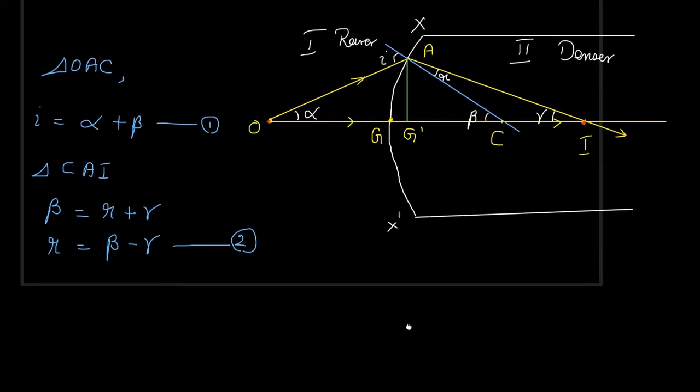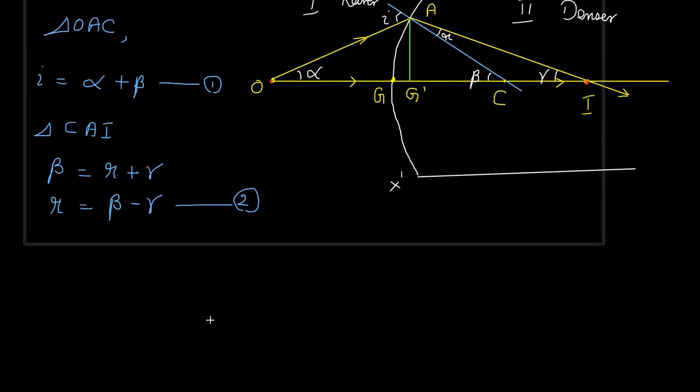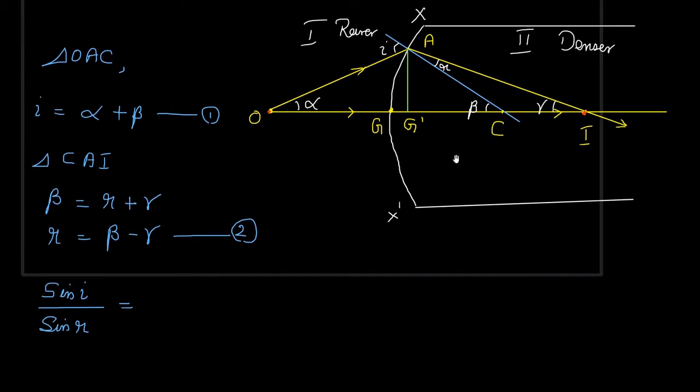According to Snell's law, the ratio of sine of angle of incidence to sine of angle of refraction is equal to refractive index of the medium to which refraction takes place to that of the medium where the incident ray passes.